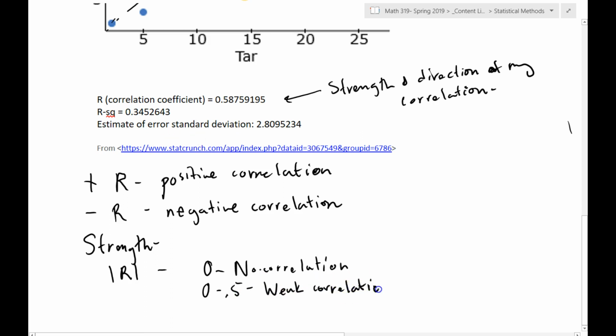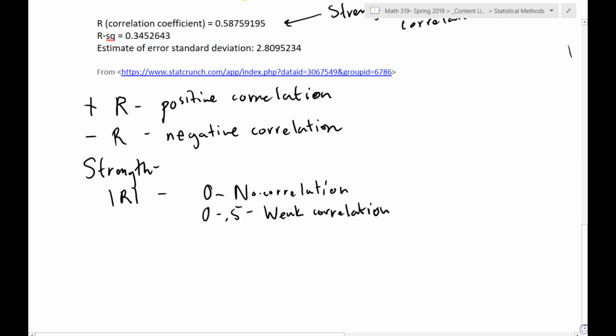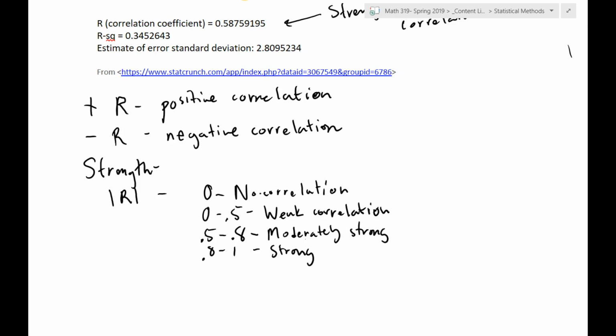The next grouping is kind of up in the air, but let's say 0.5 to 0.8 is what's called moderately strong. And then 0.8 to 1 is considered to be strong. So, in case you want thresholds, them's the thresholds. That's how strong the correlation is.